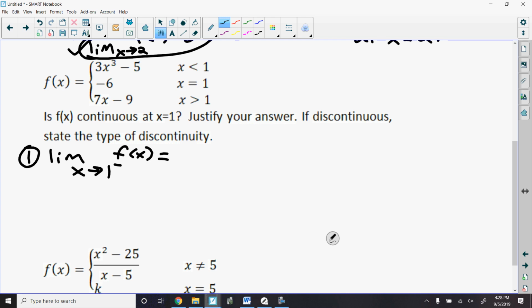I'm approaching 1 from the left side, from the more negative side, so I need the less than, the top function. So it'll be 3 times 1 cubed minus 5. 1 cubed is 1, 3 times 1 is 3, 3 minus 5 is negative 2. Okay. Now I need to check the right-hand limit.